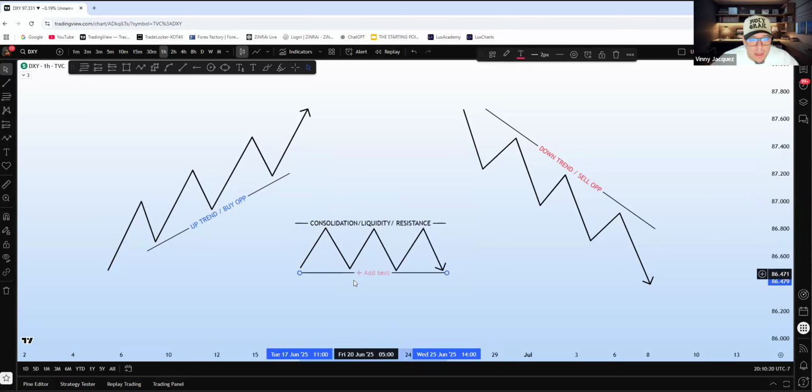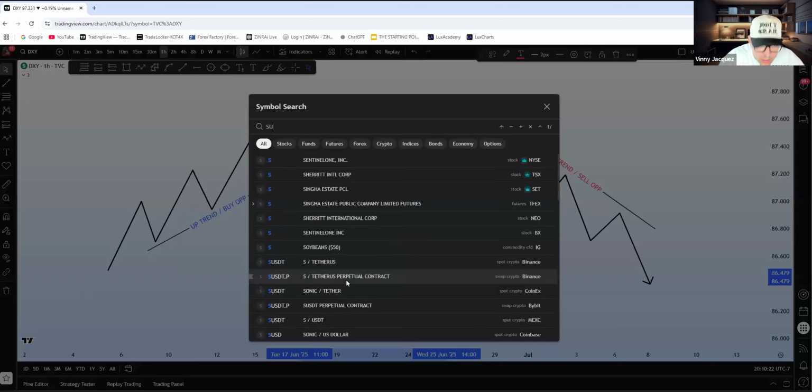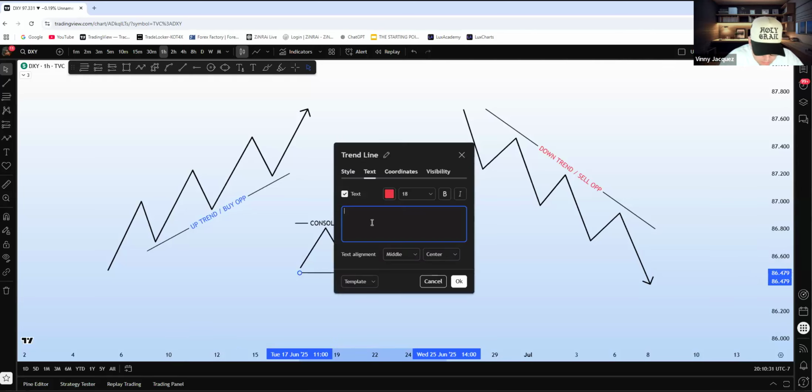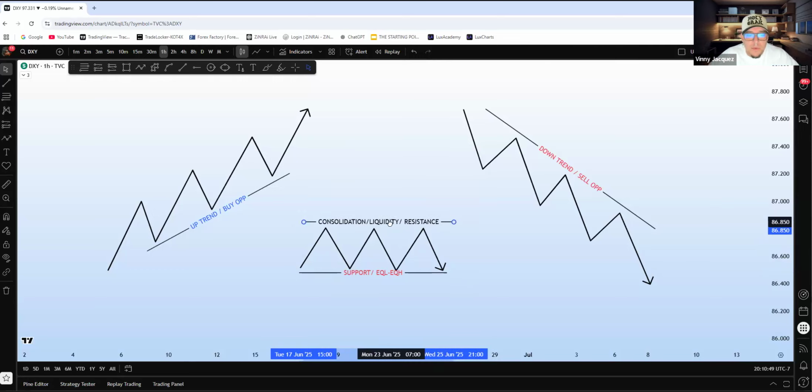And then we'll have support, and equal lows with equal highs, etc. Right? So this is a couple of things.